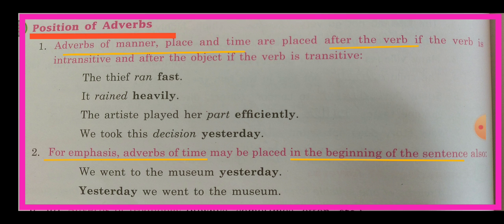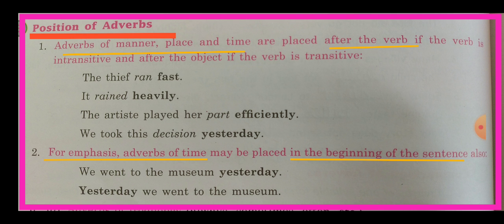Here fast is an adverb which is written after the verb, but this is the case for intransitive verbs only. Intransitive verbs are verbs which do not require any object, but for transitive verbs we will find it after the object. Transitive verbs are those verbs which require an object to complete their meaning.